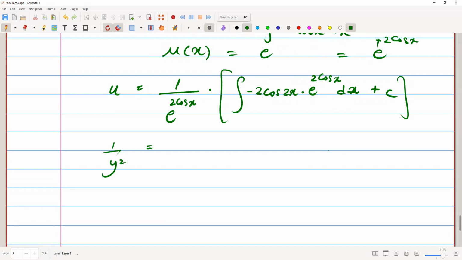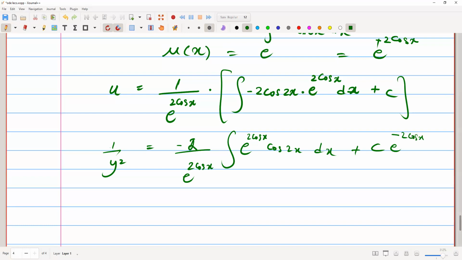So we can just leave this problem here by putting 1 over y squared in place of u, and then we have 1 over y squared equals e to the power -2 cosine x times -2, which we can move outside, the integral of e to the power 2 cosine x times cosine 2x dx plus c e to the power -2 cosine x.